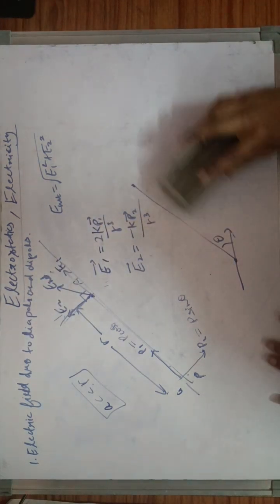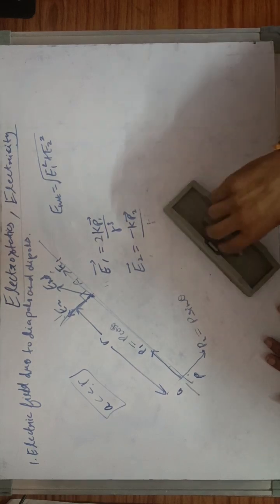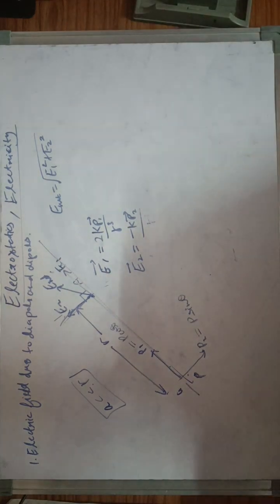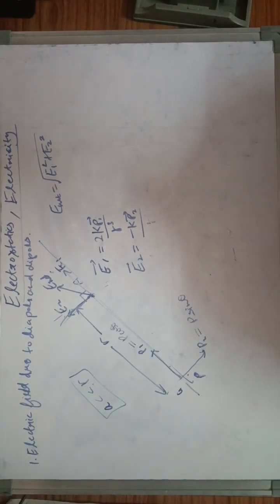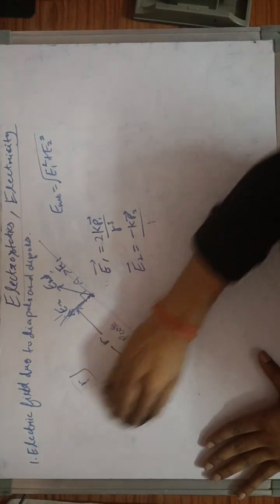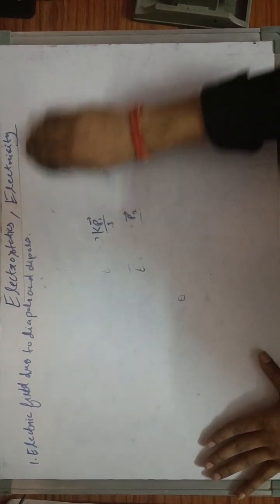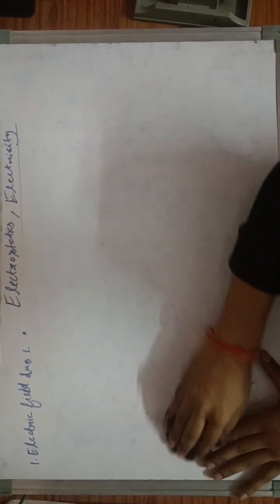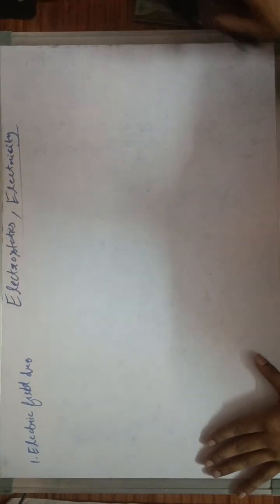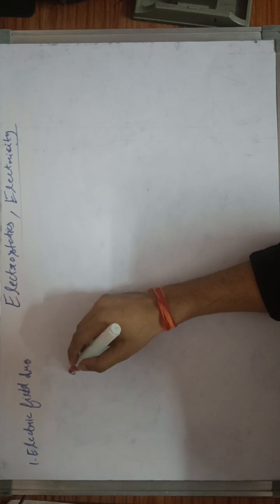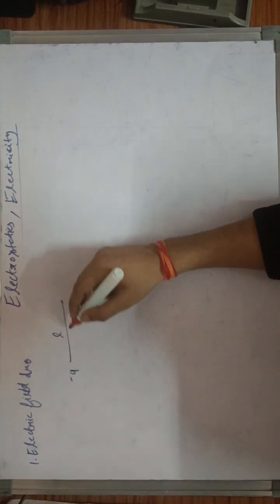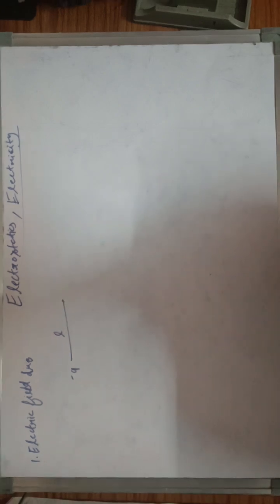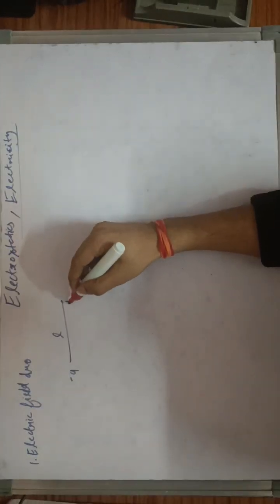Now the next topic is torque on a dipole moment in an electric field and the energy of the dipole. So first of all, whenever we have an electric dipole, there is a minus q charge here, and there will be some length separating them, and there would be a positive charge here.